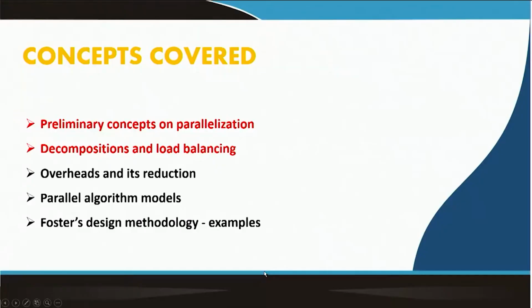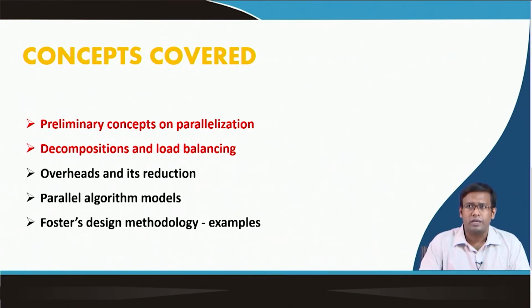So, we have covered some preliminary concepts on parallelization, including task dependency, decomposing a job into multiple tasks, and how these tasks interact, and depending on the interaction and dependency of the tasks, how to determine a critical path and get a parallel algorithm out of that.